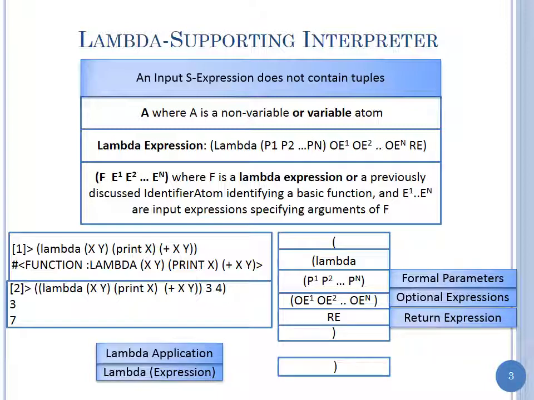Here's the lambda application. We put the lambda expression within another list, make it the head of the list, and then we have E1 to En be the actual parameters. Okay, so that's the structure. That's what we input. Our job now is to take these inputs, convert them into S expressions that are internally stored, and define an appropriate eval to get that stored. Okay? Questions?